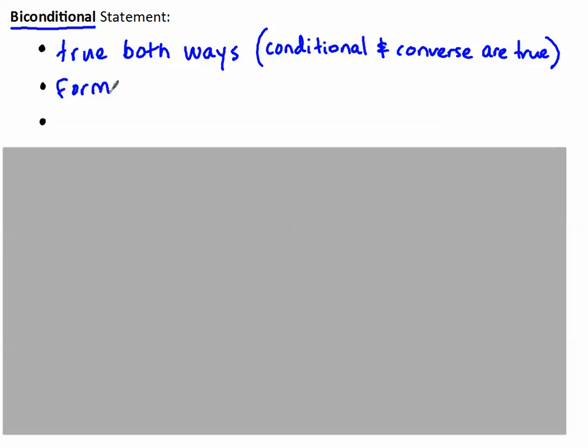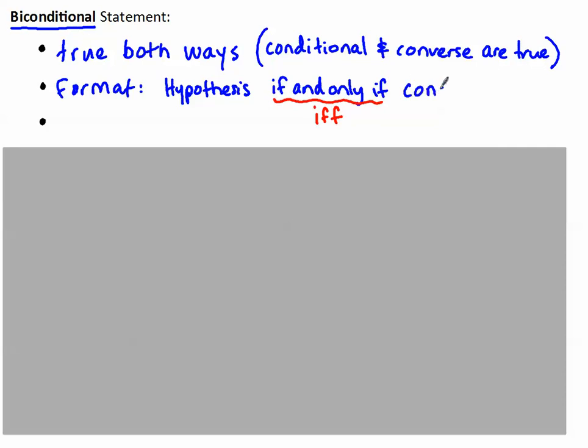Second, the format, the way it is written, goes: hypothesis, or the statement that usually starts at the beginning, the words if and only if, unless we're using the abbreviated version, which is IFF, and then the conclusion, or the statement that usually comes at the end, such as yesterday was Sunday, if and only if today is Monday.